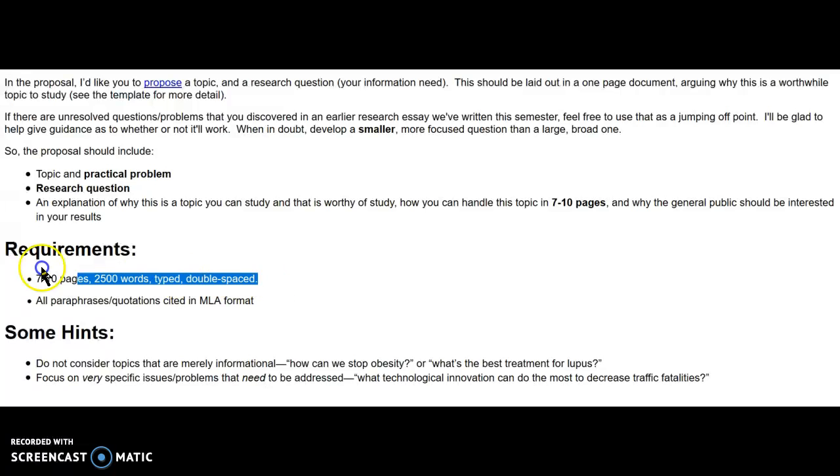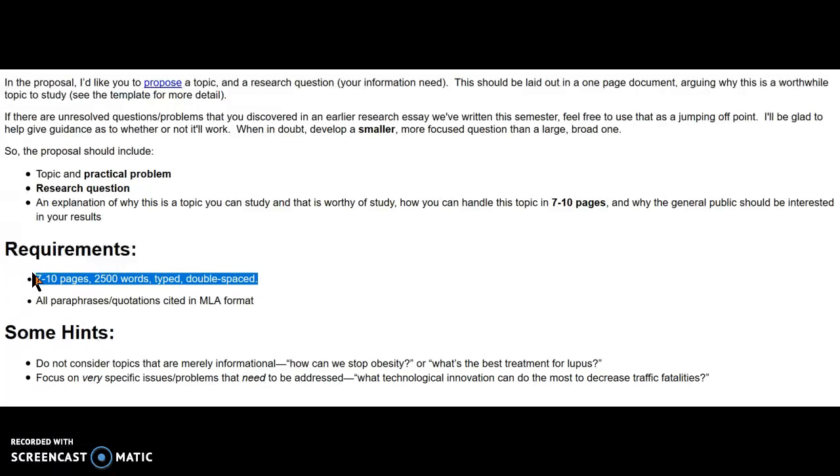Thing to note here, this is a 7 to 10 page, 2,500 word essay, okay? That is a big chunk of writing. Students often see that and say, I'm going to do the biggest thing possible, and they try to choose this really huge topic. And what tends to happen is that they focus so broadly that they don't have anything to say, and the research question becomes meaningless, because it's like, what can we do to reduce cancer?